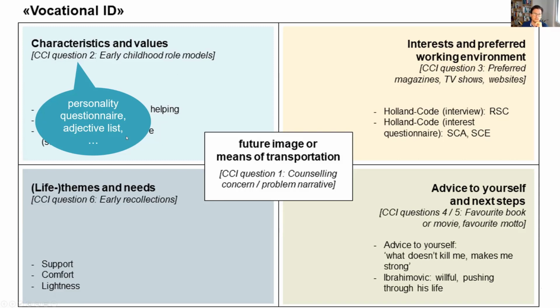You can complete the top left area of the vocational idea. And you can also work, as I already mentioned, with the interest questionnaire, but you can also work with motive questionnaires, and you can complete the top right area with the insights out of those questionnaires.